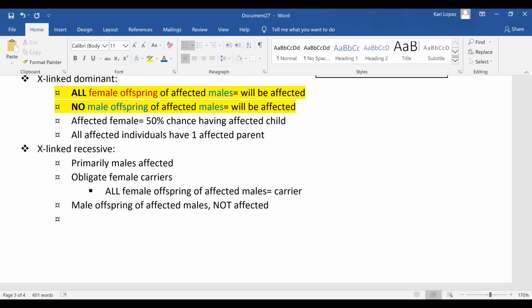And then males only need one copy to show their phenotype.